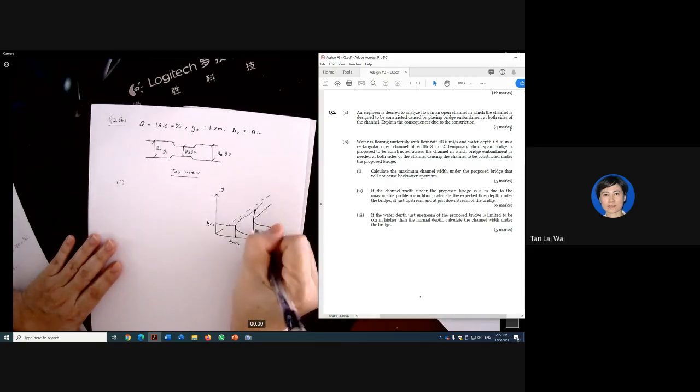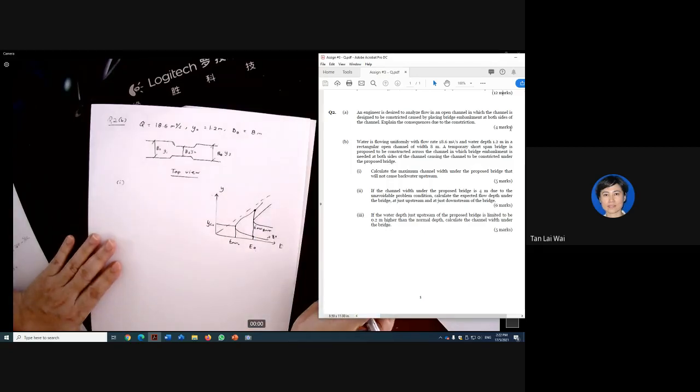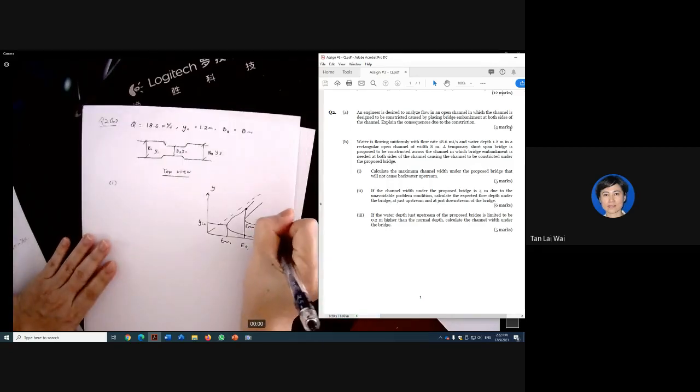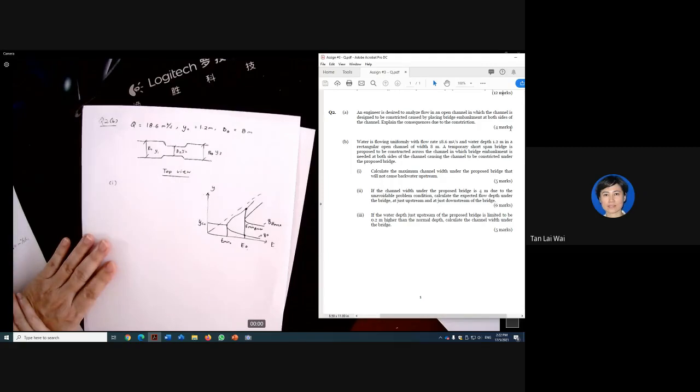So this would give me E min, and this is case 2, B max. I put here B max when B equals B max. So this is Q when B is equal to B max. Okay, I have that.